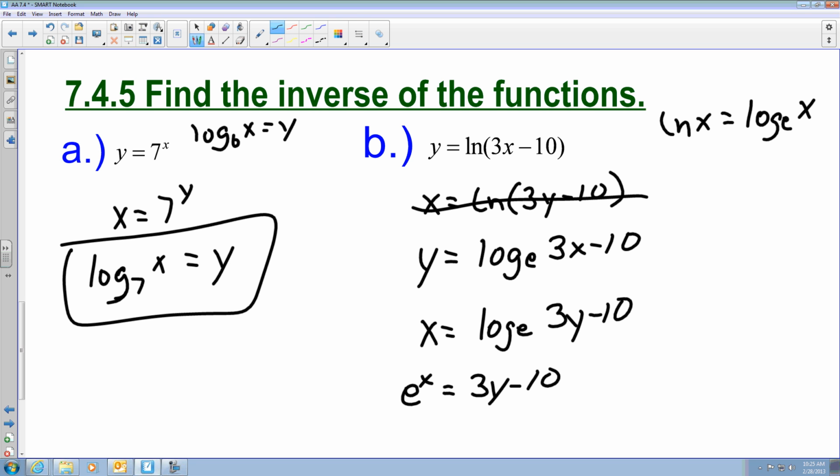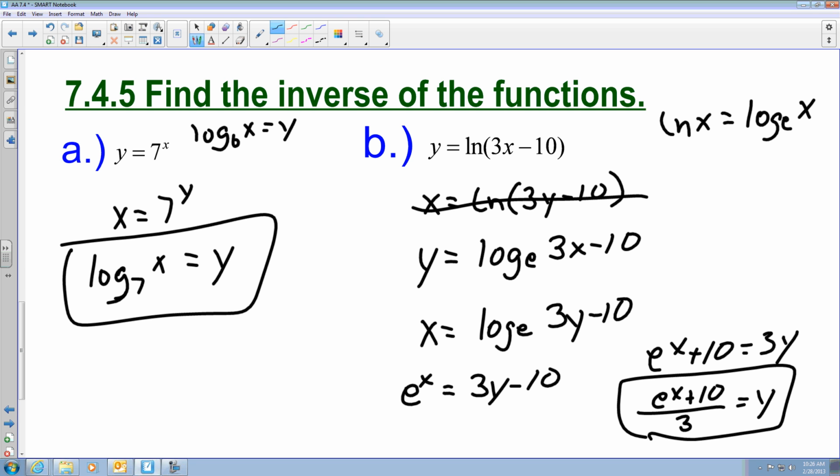And solving this for y, I get e to the x plus 10 equals 3y, and I have e to the x plus 10 all divided by 3 equals y.